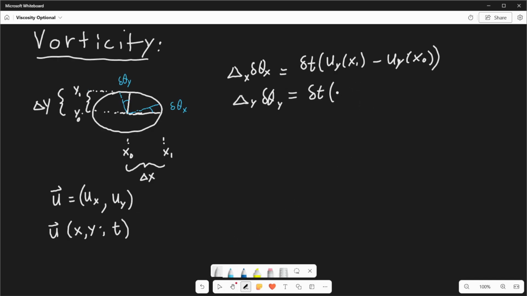So this is negative, ux actually, at y1. And this is at y0. That was kind of messy, let me write that again.